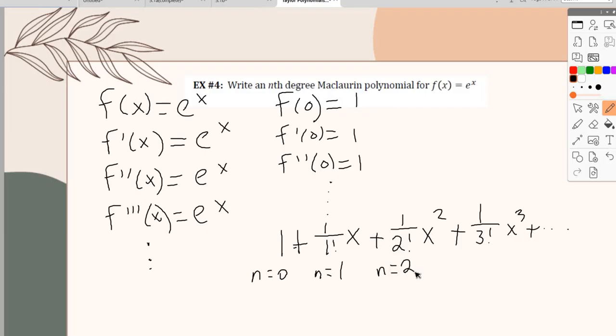That's my general rule. Yeah, I have an x to the n divided by n factorial. You could also write it as 1 divided by n factorial times x to the n, but either one is fine.